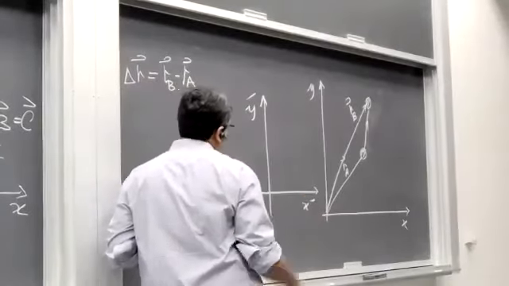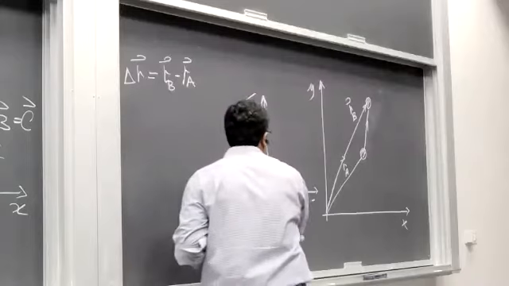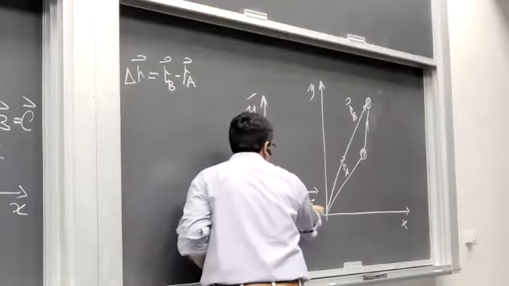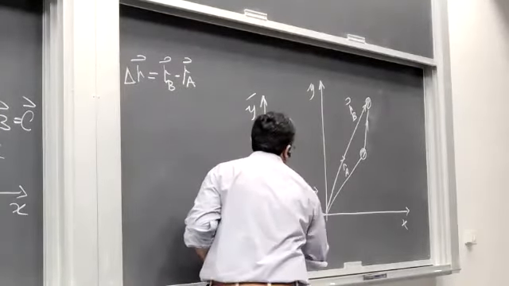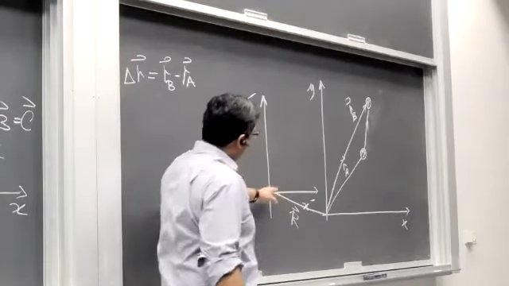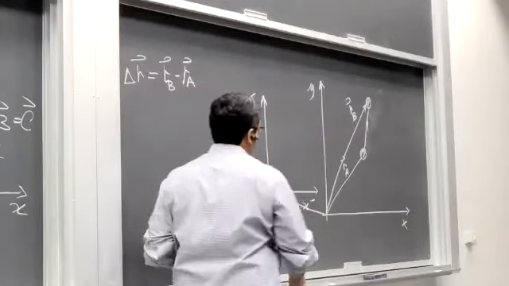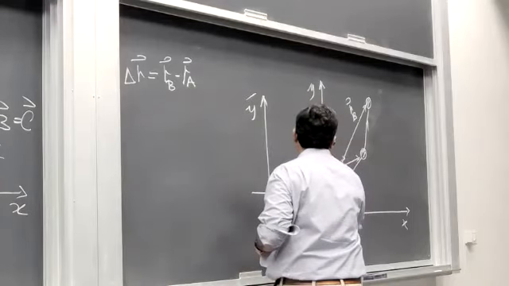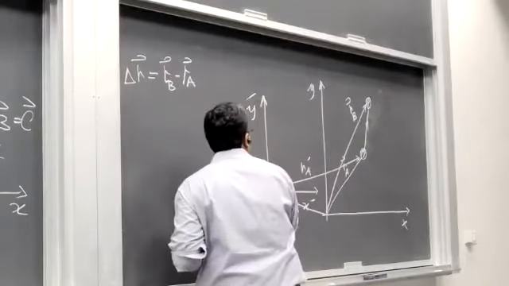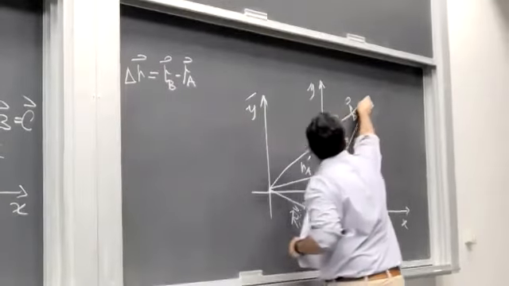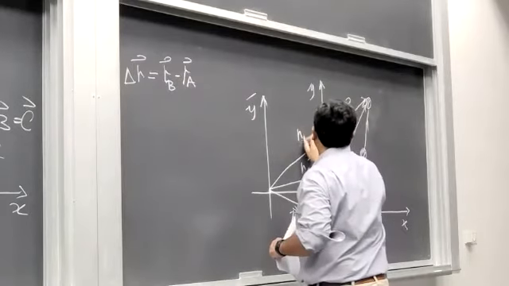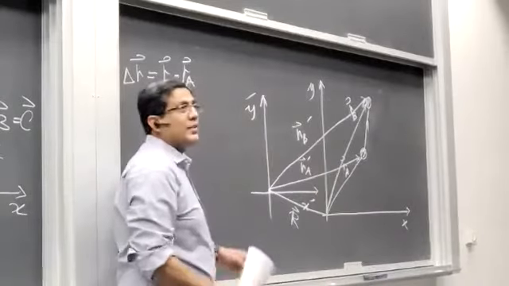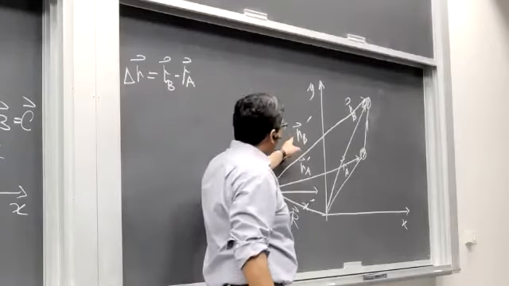The position vector of the origin of my first coordinate system is capital R. And now that object has a position vector in this frame as well, RA prime, the first position, and it also has an RB prime from this coordinate system. So we have RA prime and RB prime.